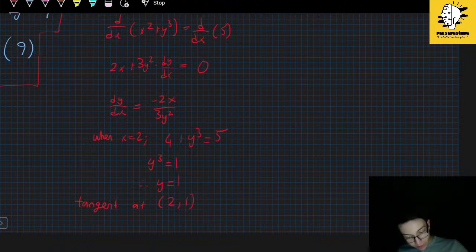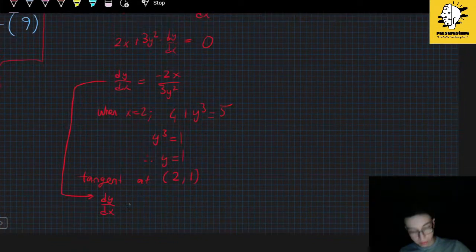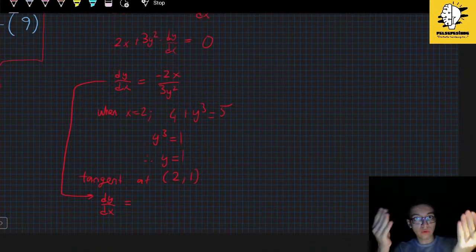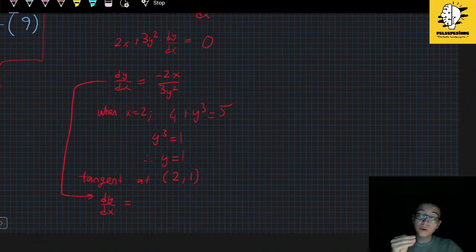Hence, now I have my dy over dx expression. Let's recall it over here. Since in my dy over dx expression I have x and y together, that's why I first calculated where I am on the graph.